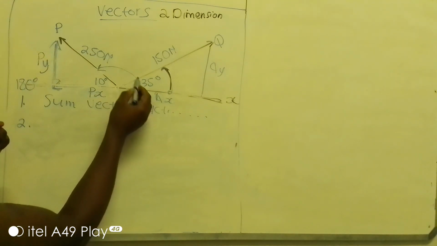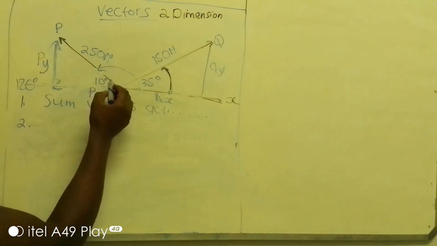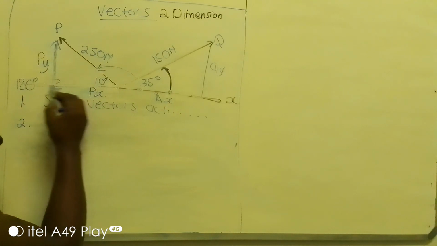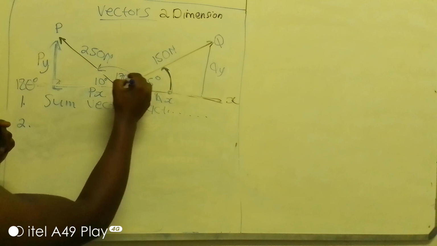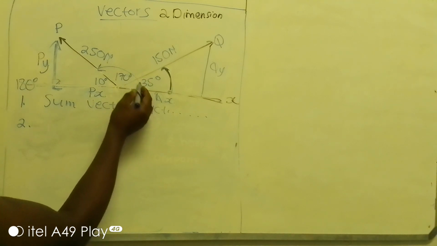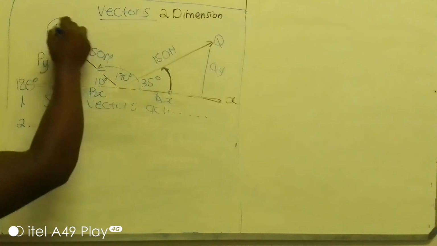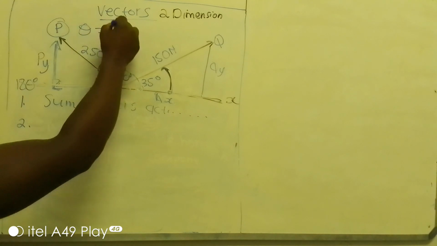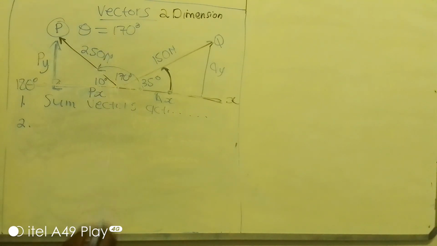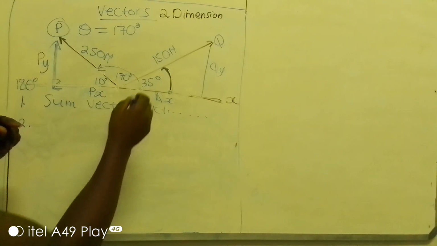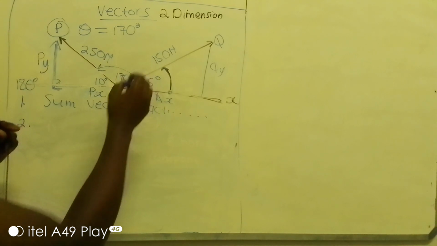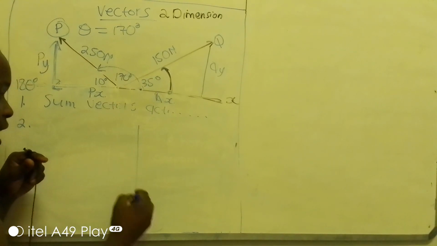So this whole angle for P is 180 minus 10, which is 170. So for vector P, theta is equal to 170 degrees, because theta is measured starting from the first quadrant. For example, if you have a Cartesian plane like this.